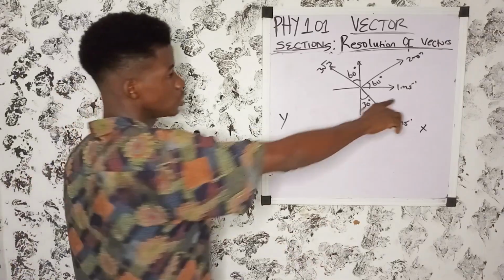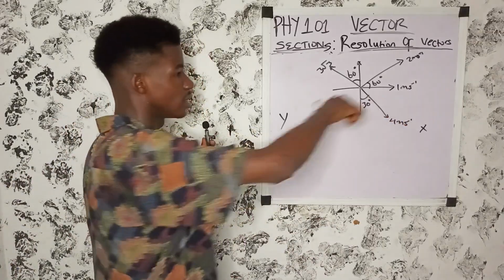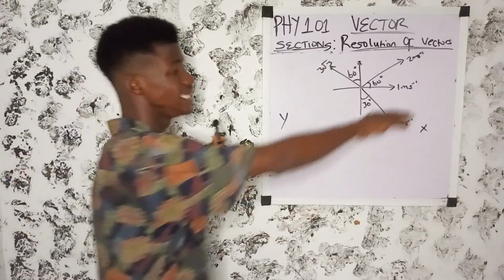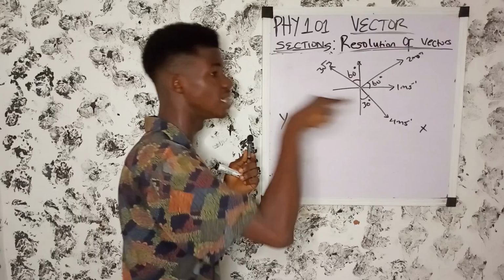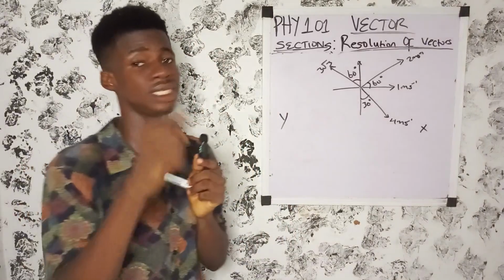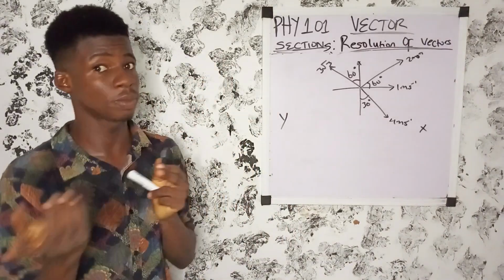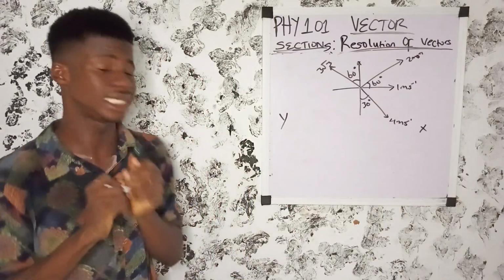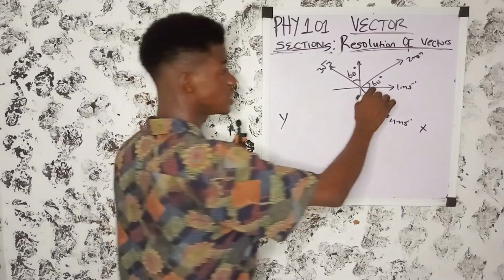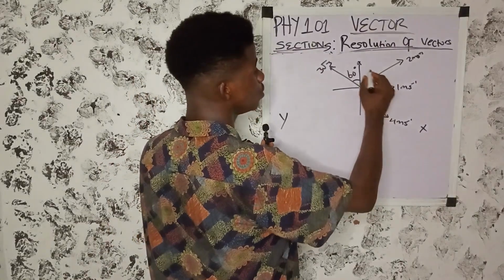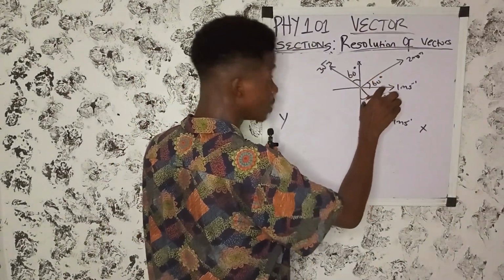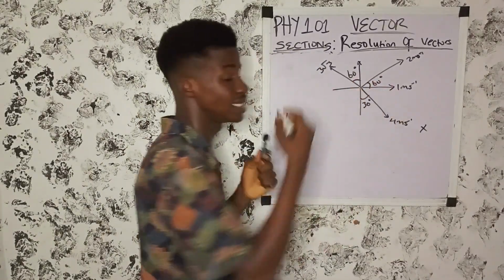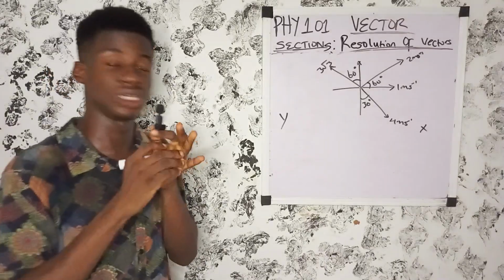Now we start from this vector 1. From our previous class I told you guys that east is positive, also called the positive x-axis. The angle is 0 degree or 360 degree. With reference to this line, from here to here is 360 degree or 0 degree.